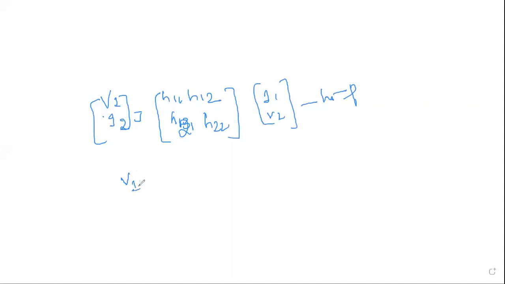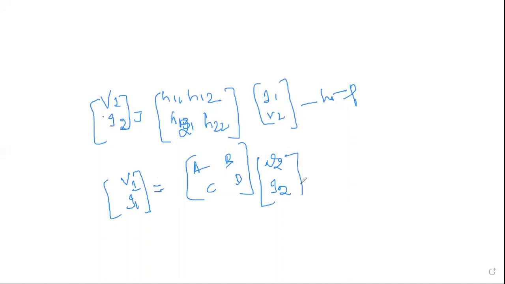ABCD parameter, it is V1, I1, which is equal to ABCD, and output will be with respect to or multiplied with voltage V2, I2. So this is ABCD parameters.